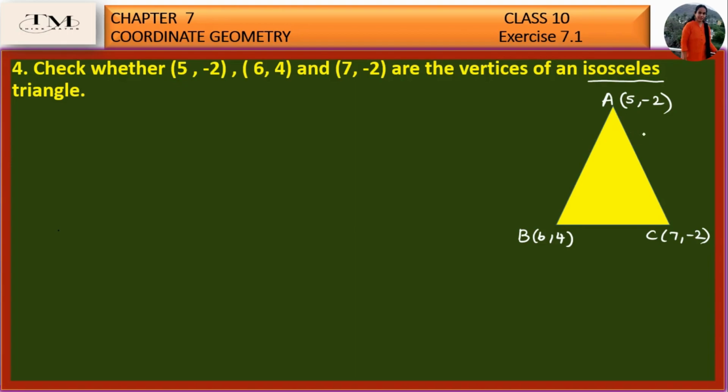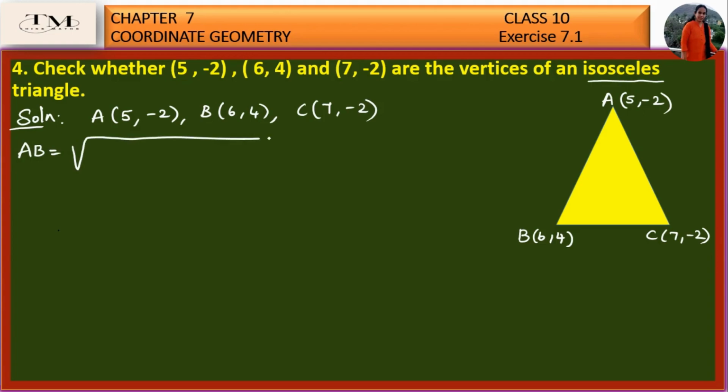If any two sides are equal, then these vertices form an isosceles triangle. Okay, children? So moving on to the solution. So let us name this as A of (5, minus 2), B of (6, 4) and C of (7, minus 2). So let us find out the distance between AB.